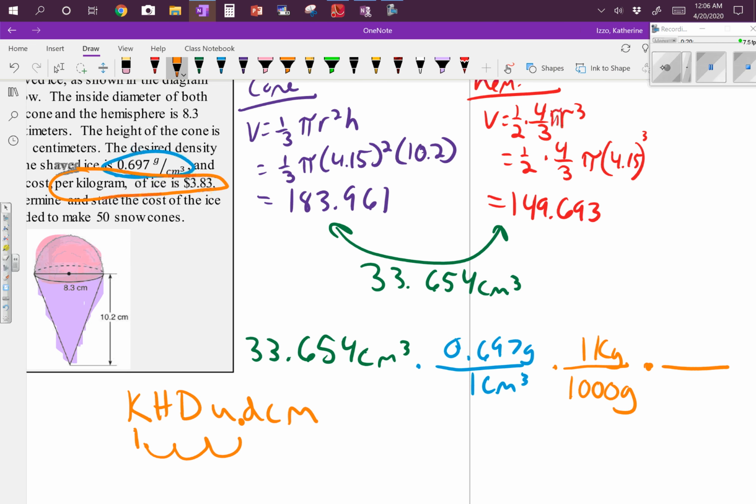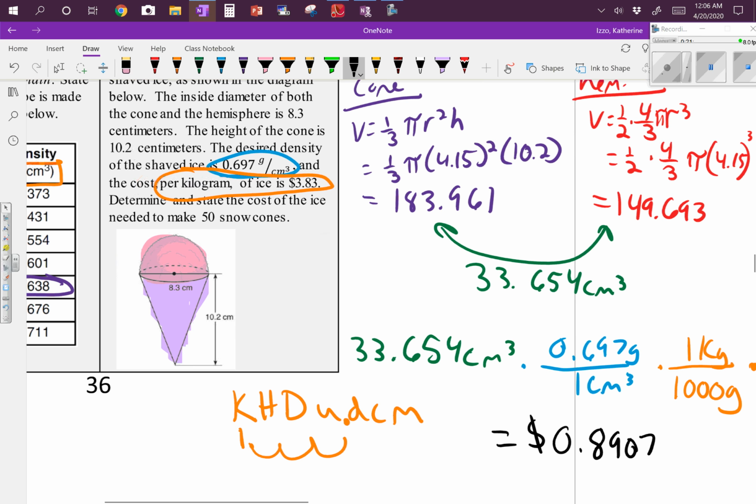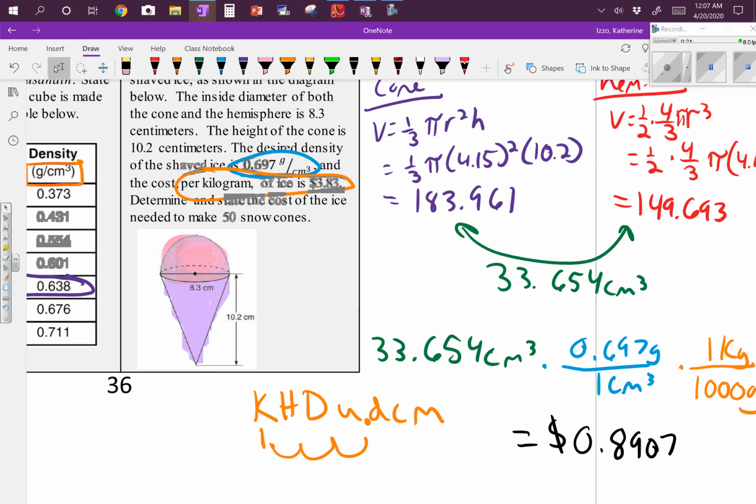So now I've got kilograms, so 1 kilogram is equal to $3.83. All right, and when we type all of those in, we get a grand total of 0.8907 dollars. So it costs about 89 cents to make one of these snow cones.